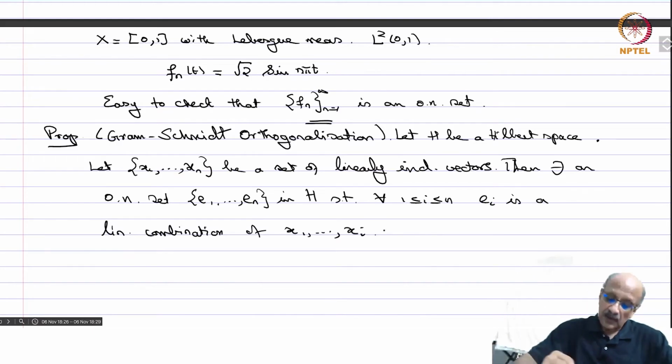So you take x1, then you get e1, you take x1, x2, you get e2, which is a linear combination of x1 and x2, and so on. So you build progressively this orthonormal set.